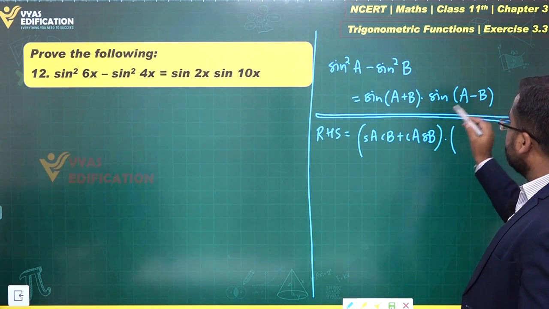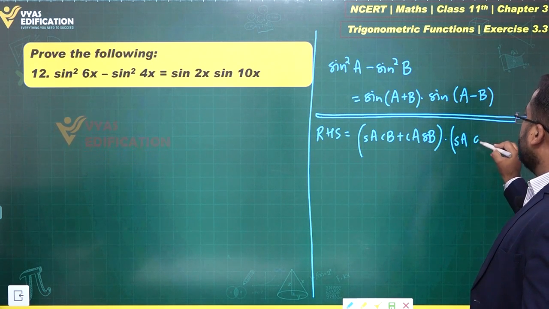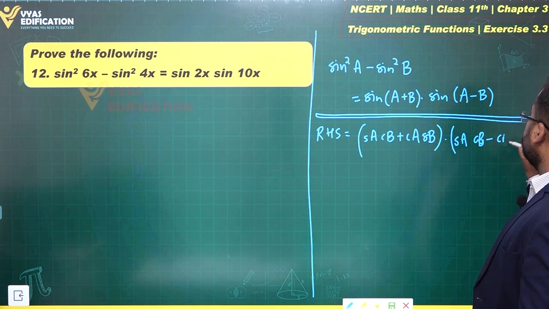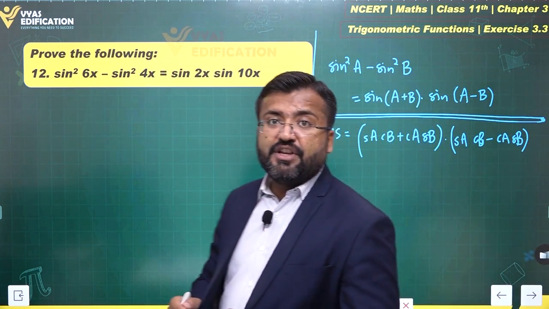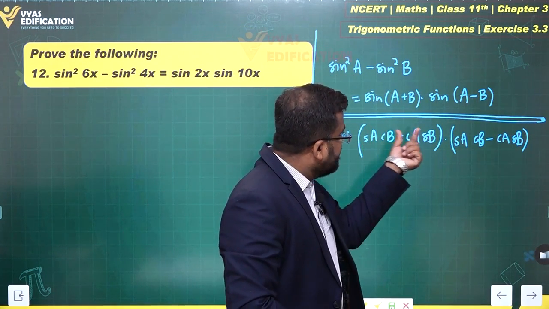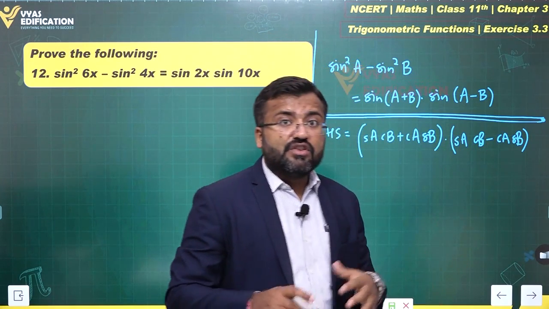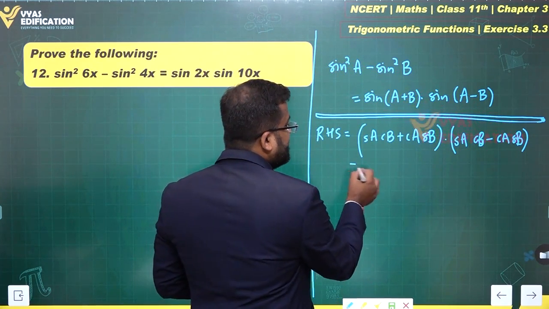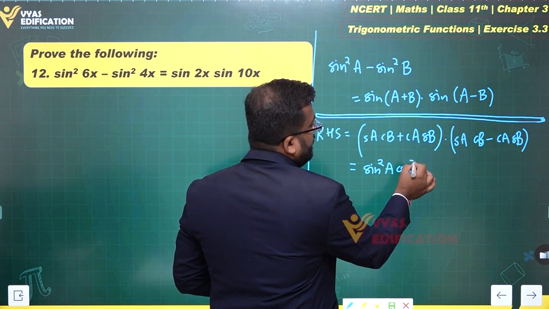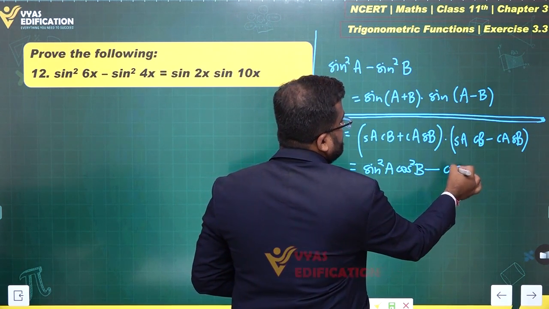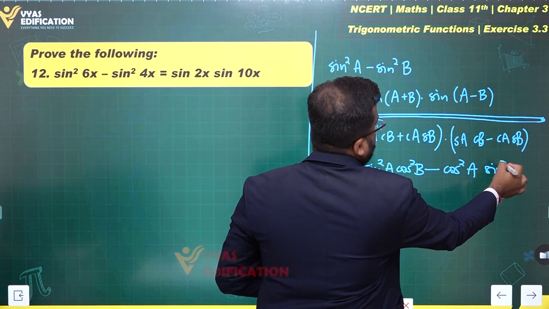The other factor is just sine A cos B minus cos A sine B. This is another factor, right? So, can you please observe that this is x plus y, this is x minus y, which will convert to simply x square minus y square. This is sine square A cos square B minus cos square A sine square B.